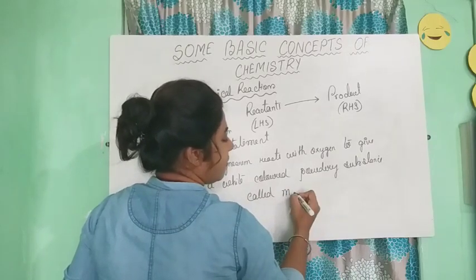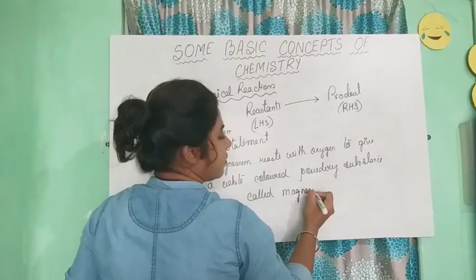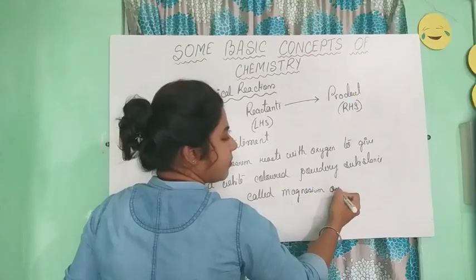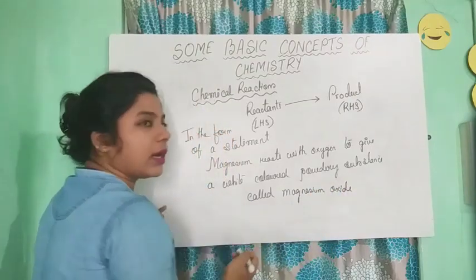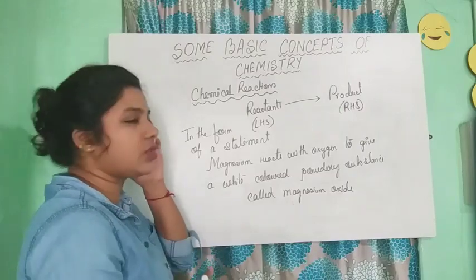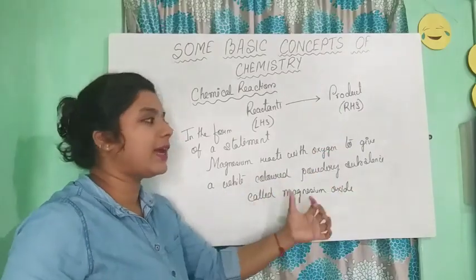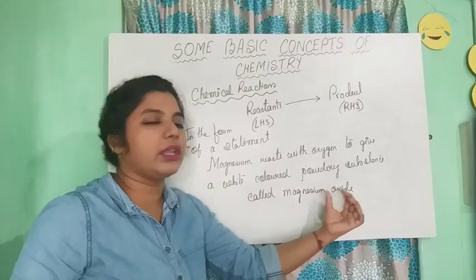The spelling is wrong. Magnesium oxide, right? So you can understand here that magnesium is reacting with oxygen to give a white colored powdered substance called magnesium oxide, right?